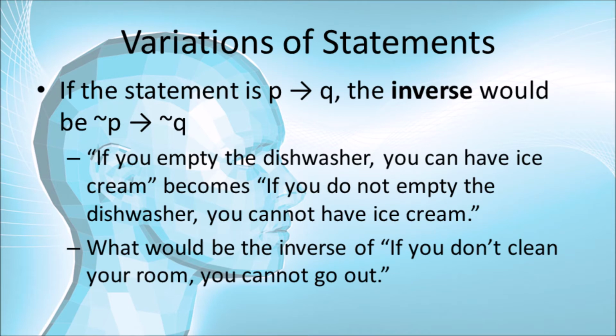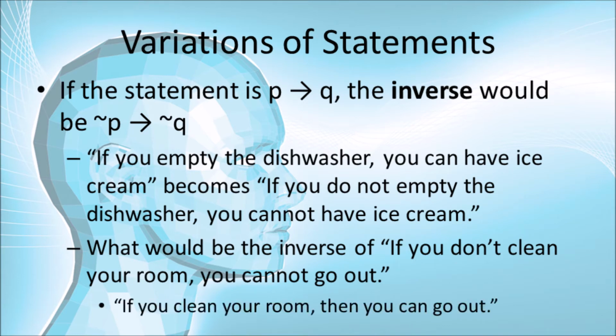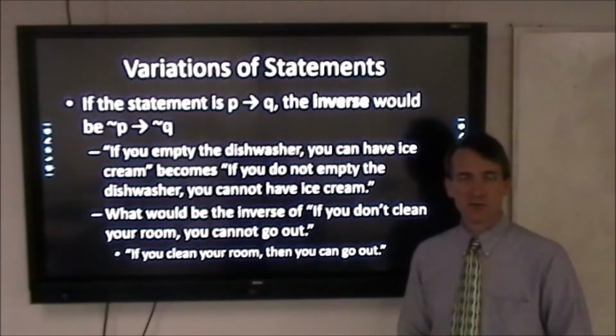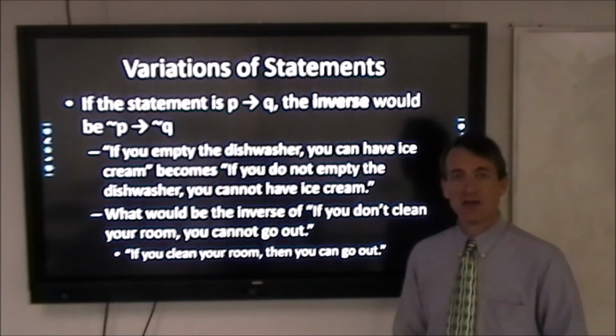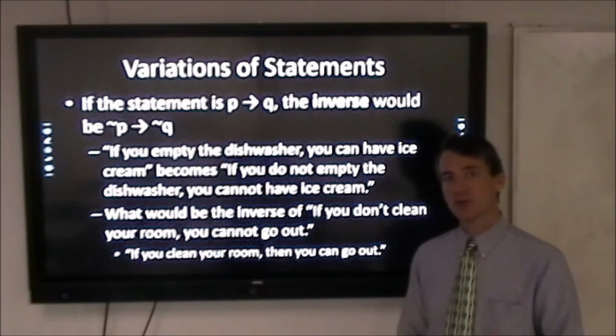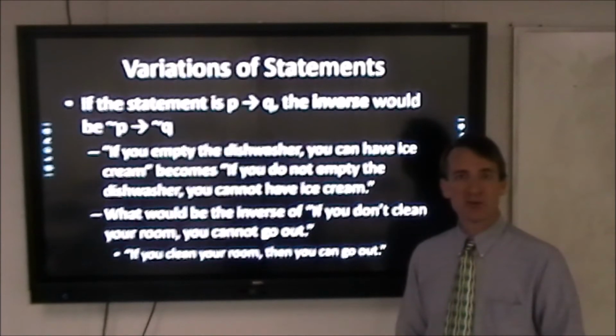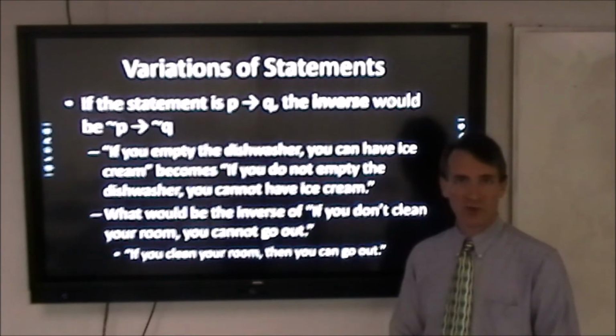What would be the inverse statement of if you don't clean your room, you cannot go out? Well, that would be if you clean your room, then you can go out. So we are just negating both sides, we're not switching them around. Converse statement, we switch the two phrases. Inverse statement, we're negating both phrases.